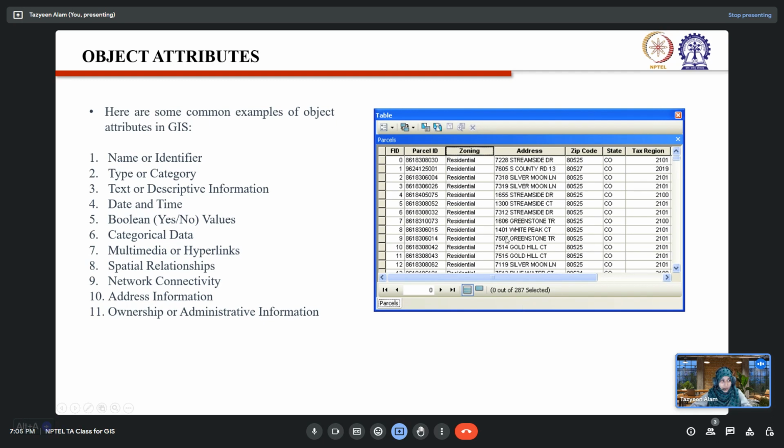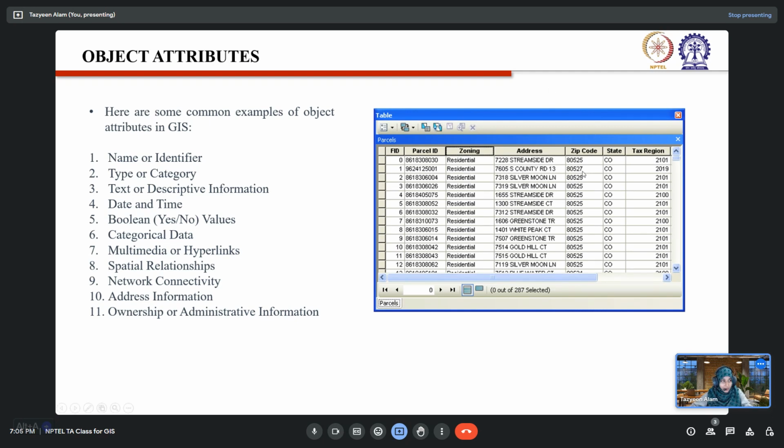This one comes from the land cover of a residential zone. Every land parcel has been given an ID by the user. They have also zoned it as residential. Then they have given the address of each point location that they have marked in their land use zone.